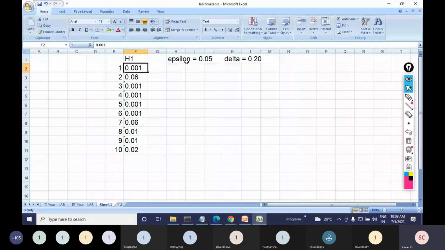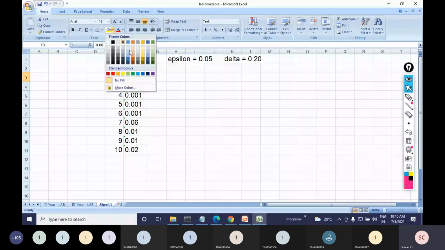This is fine, I don't have any problem. But if you observe the second one, 0.06, the margin of error is greater than epsilon. Similarly, for the seventh record, the margin of error is greater than epsilon.